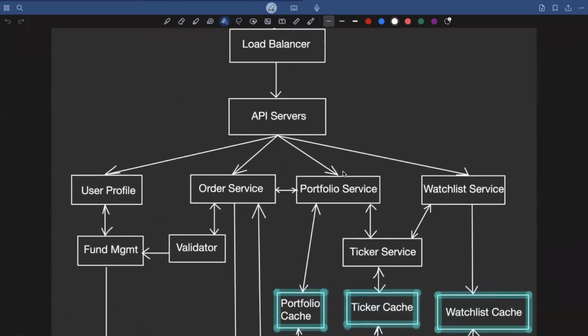And the API servers can read the data, say, once every 30 seconds to update the value for the user. So this will ensure that the user gets updates quite frequently.